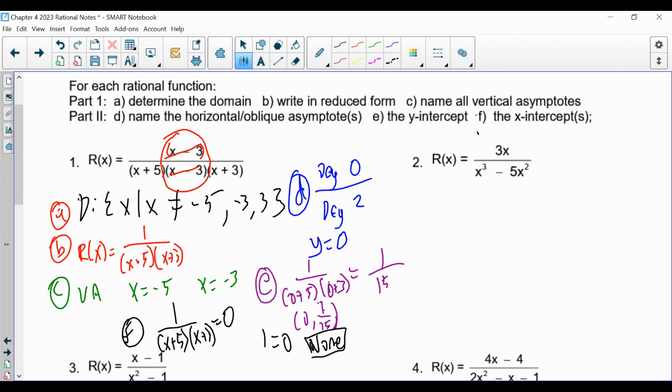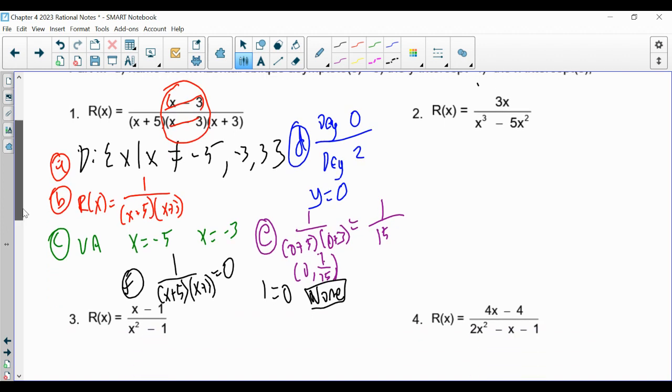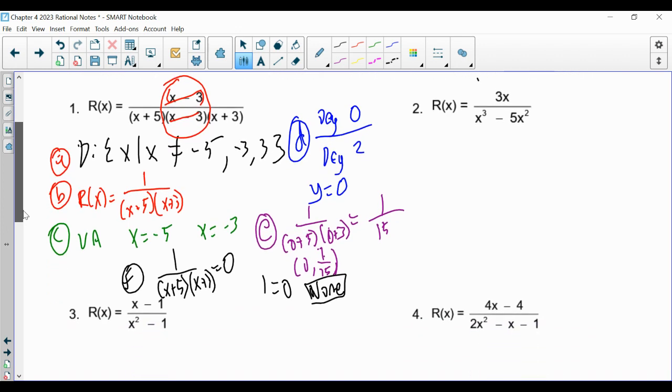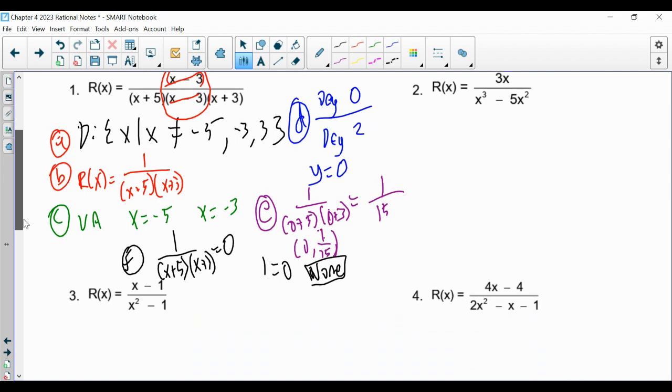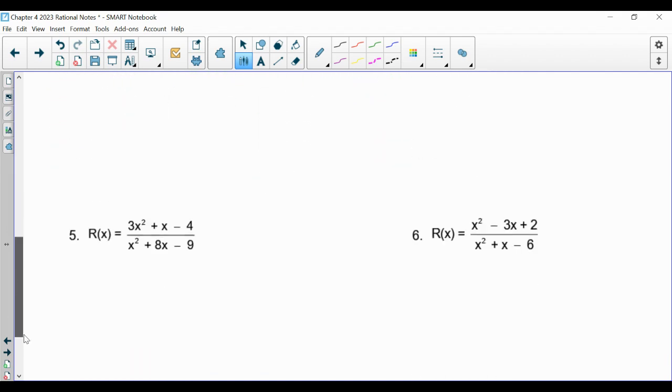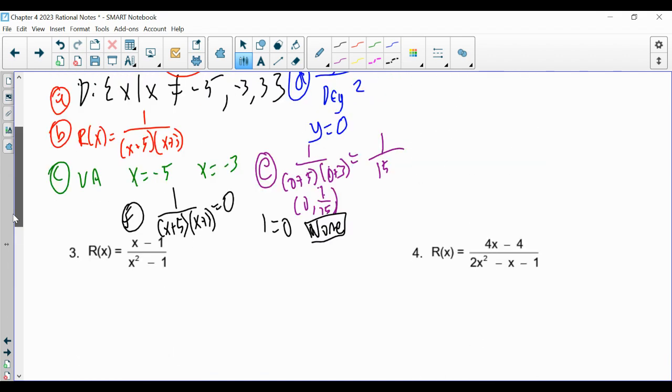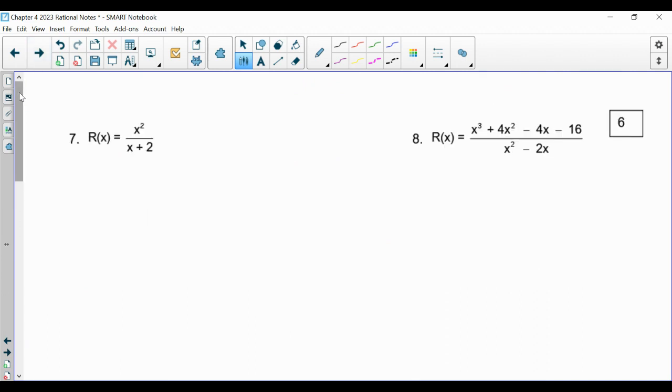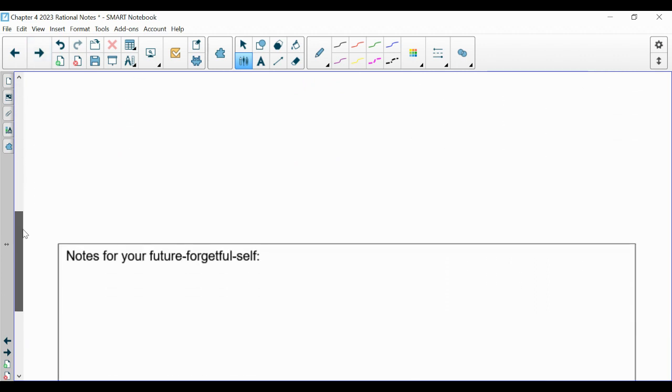Okay, so go ahead and try out the rest of these problems. There are lots of parts, but honestly, the math itself is not horrible. You will have to do some factoring for these ones, but you got all those ones, and then there's a couple here.